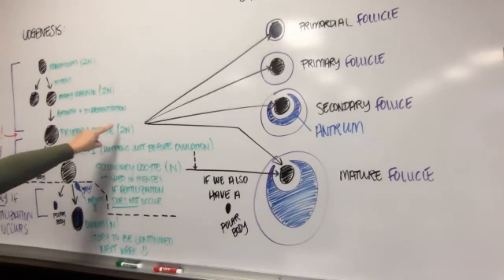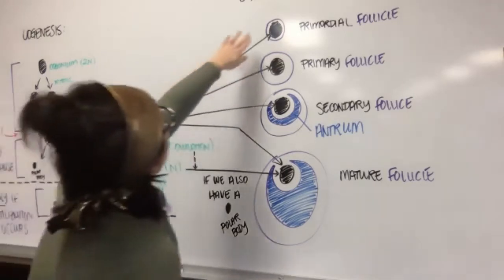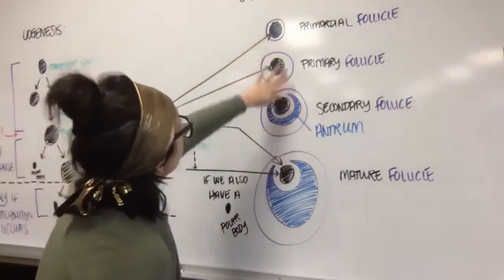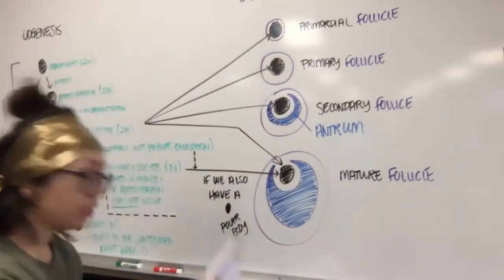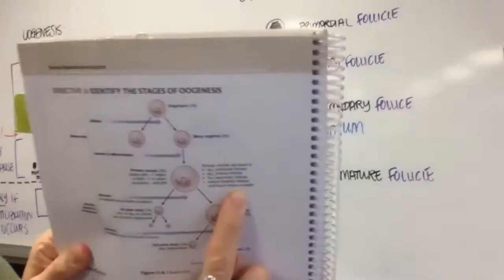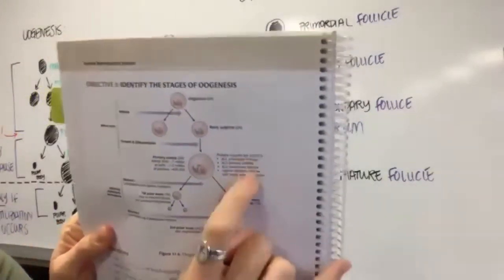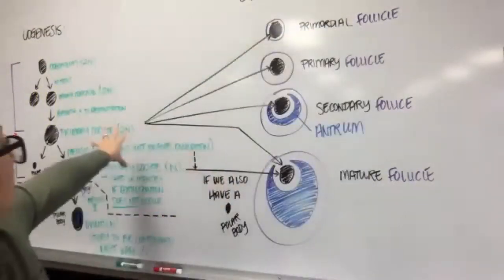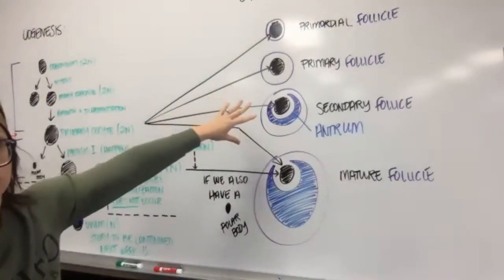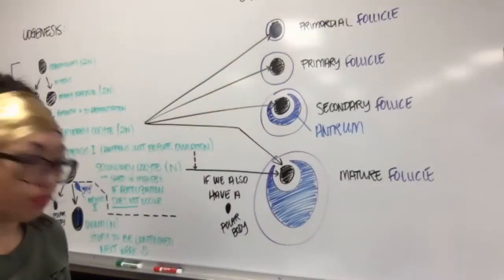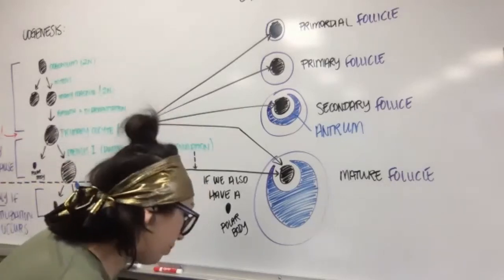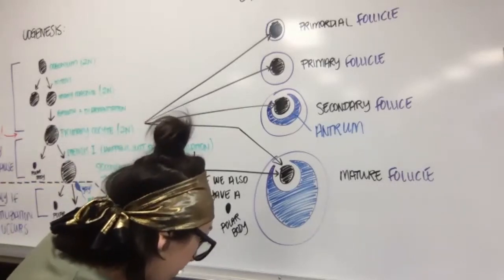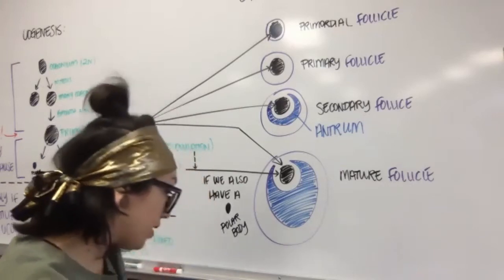Remember, primary oocytes are in all of these follicles. And then that's what this little blurb here, that is the word form of my little arrows right here. Okay. So then, secondary follicles contain, yes, a primary oocyte.